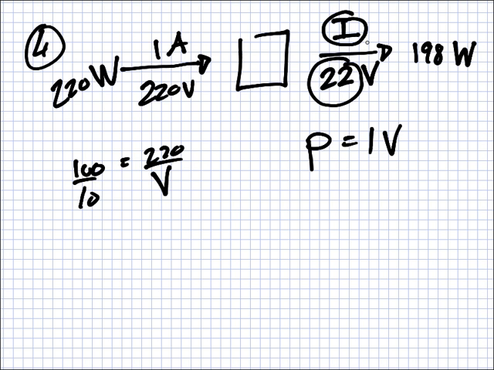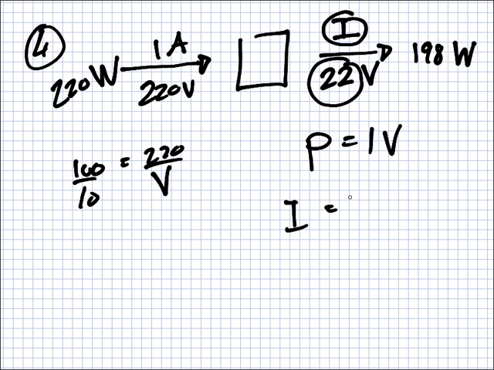I usually imagine the current being less because when you make a transformer, the job of the transformer is to change the voltage. So if I have a transformer that's supposed to reduce the voltage from 220 to 22, I imagine it's the current that was sacrificed. So anyways, let's get the current now.